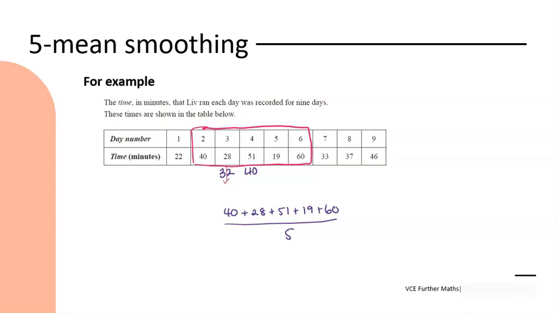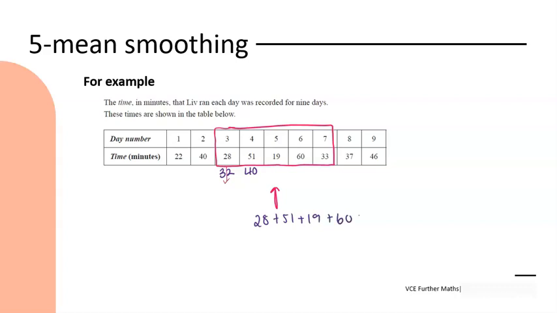And we repeat that process again. Again, moving along 1 point. So I've got 3 through to 7, and this time my answer will go in the middle at time code 5, or day 5, and 28, 51, 19, 60, 33.